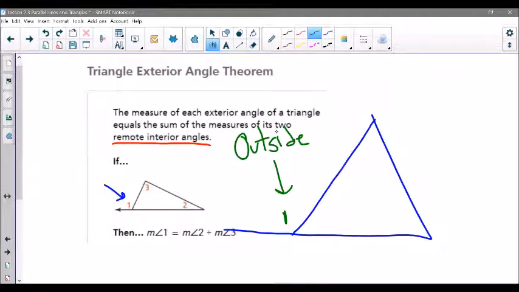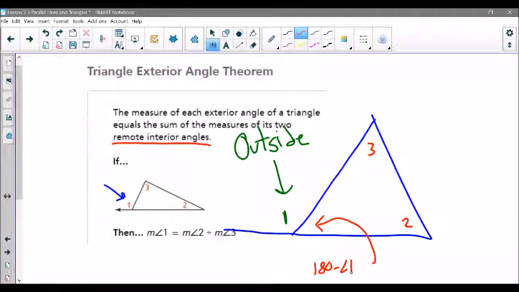The measure of angle 1 is just equal to the two angles that do not touch it, the two angles that are not adjacent to angle 1. All right, that's really all that one's saying. Basically, we know that this angle right here is 180 minus angle 1, because those two things have to be supplementary.